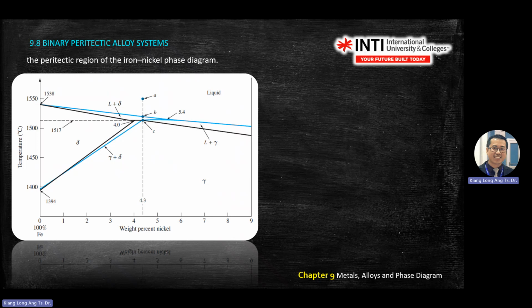Okay, liquid plus alpha, it can be anything. Liquid plus alpha, then it will become another solid, which is this one. So there are two solid phases, delta and gamma, and one solid phase.